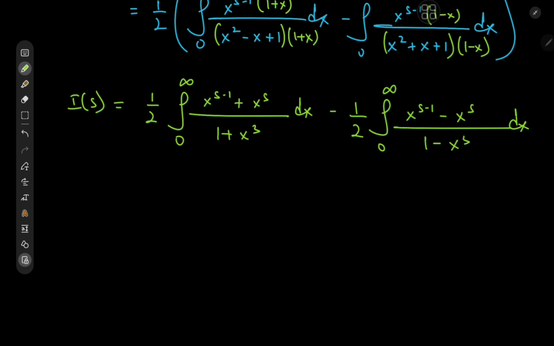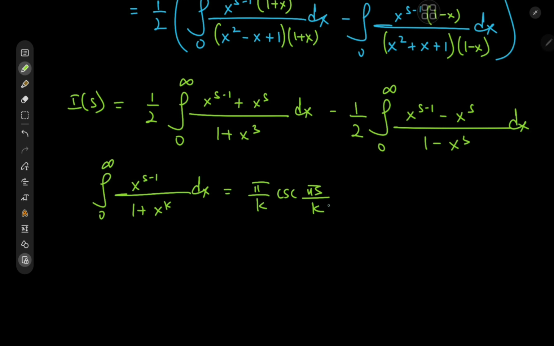We're now in a position to use a couple of really cool integration results that I've derived in a previous video, link in the description below, of course. The first is the integral from 0 to infinity of x to the s minus 1 divided by 1 plus x to the k dx. This thing results in pi by k times the cosecant of pi s by k.